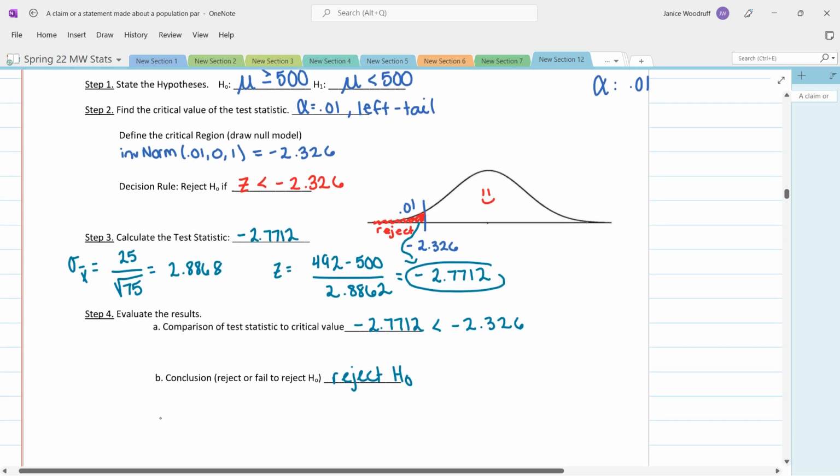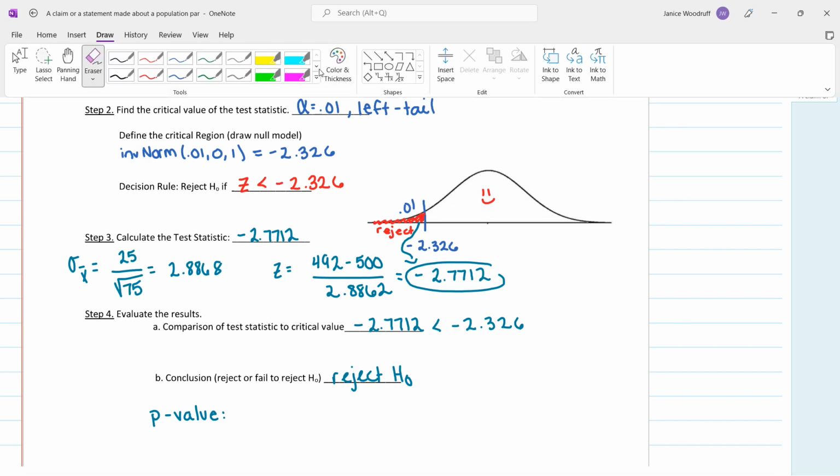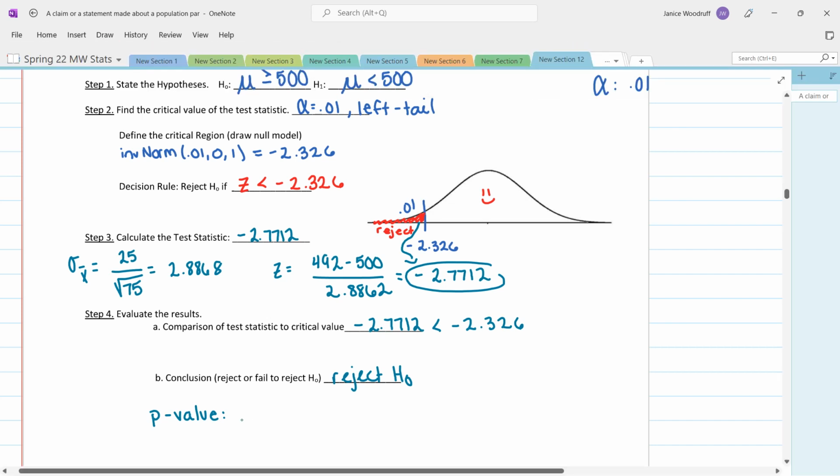Now the p-value, because it did say p-value approach, so it will want that exact p-value. It's on the left side, so you're going to go negative 99 with an upper limit of negative 2.7712. So normal CDF, lower limit negative 99, upper limit negative 2.7712.